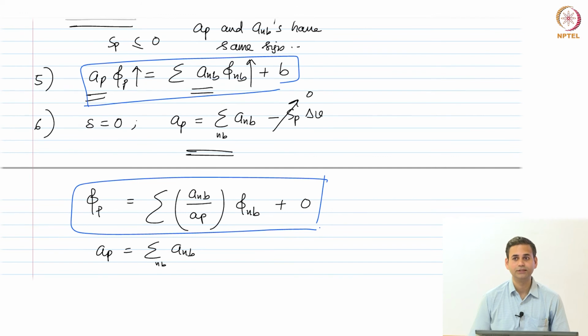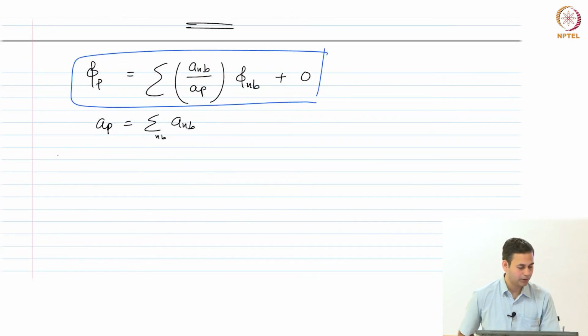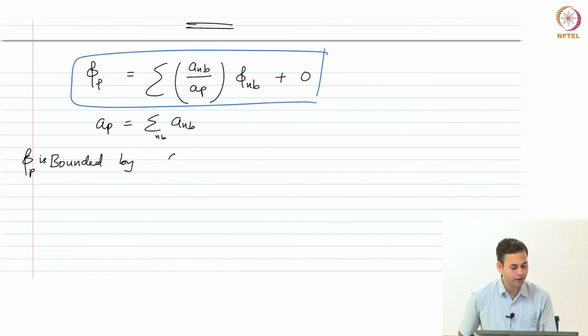This tells us that phi P is a linear combination of all the phi and B's, right, and because A and B by AP, this will always sum to what? This will always sum to 1. So, phi P is always bounded by phi and B's, right. Now, I use this word called boundedness, okay. So, phi P is bounded by phi and B's. What does it mean?